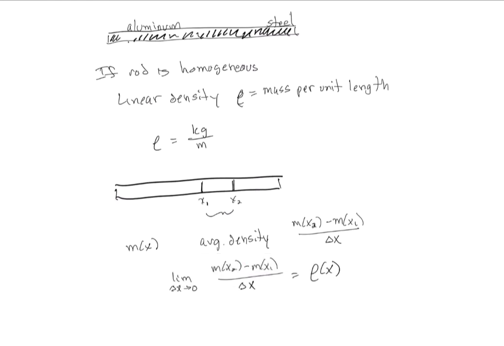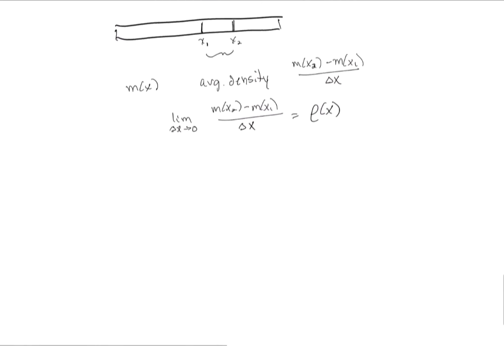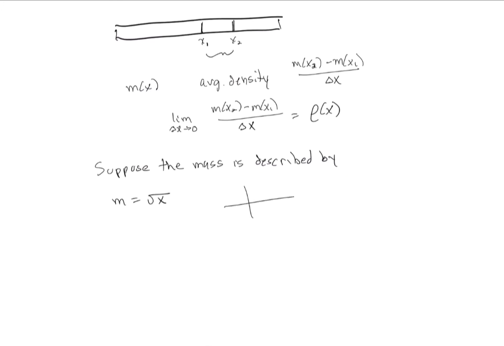Just to put some equations and numbers to this, let's suppose the mass of the rod is described by the root function. If we think graphically for a moment, my mass increases per position x on the rod.